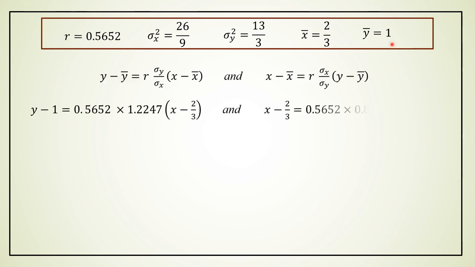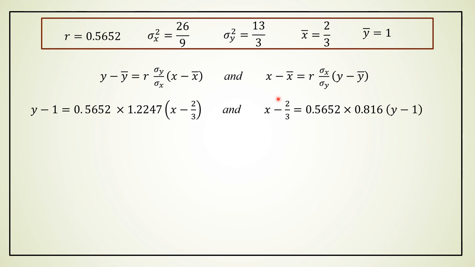Therefore, the line of regression of y on x is given by y minus y bar, which is 1, equal to r, 0.5652, into sigma y by sigma x, which is 1.2247, into x minus x bar, which is 2 by 3.